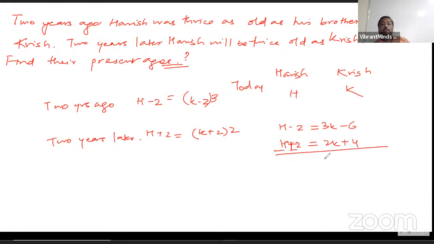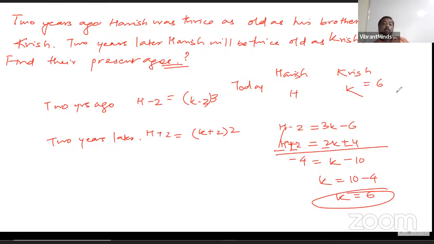Minus, minus, minus, minus. So H and H got cancelled. So minus 4, and here K minus 10. So K is equal to what? 10 minus 4. And K is equal to what? 6. So Chris is how much old? 6 years today. Is it clear, everyone?